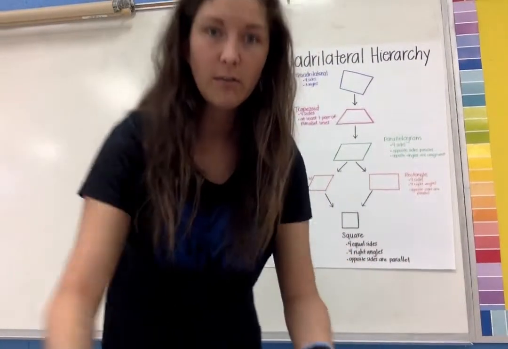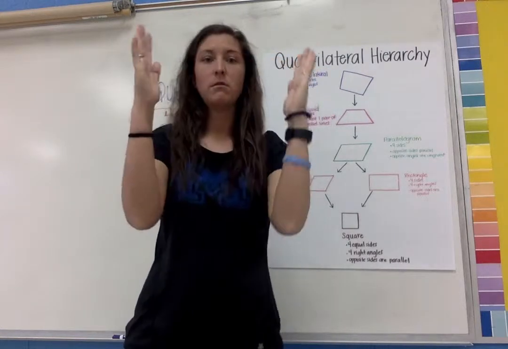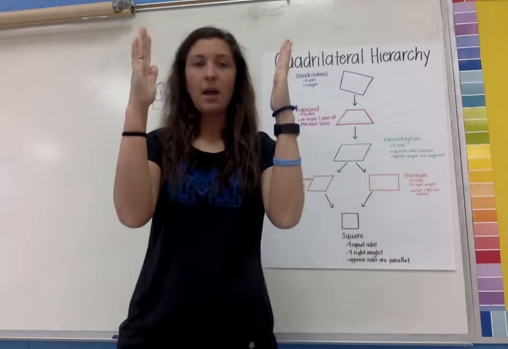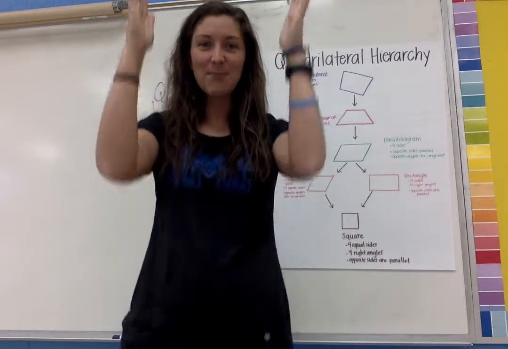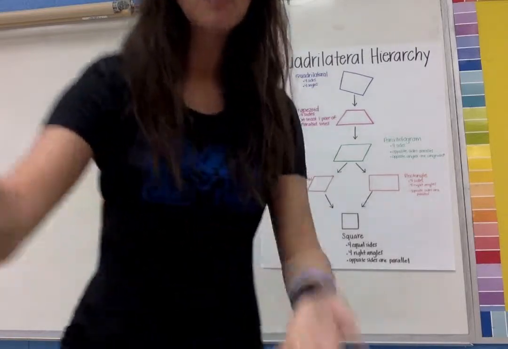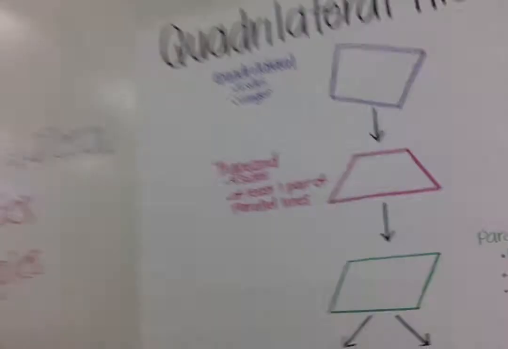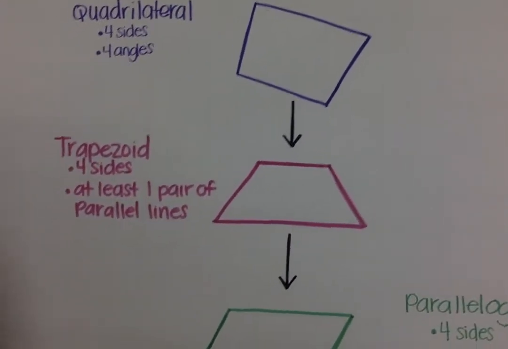Parallel lines are two lines that are never going to intersect. So they can either run this way or they can run up and down this way. They're going to keep going on and on in a straight line and never intersect. So a trapezoid has to have at least one set of parallel lines.